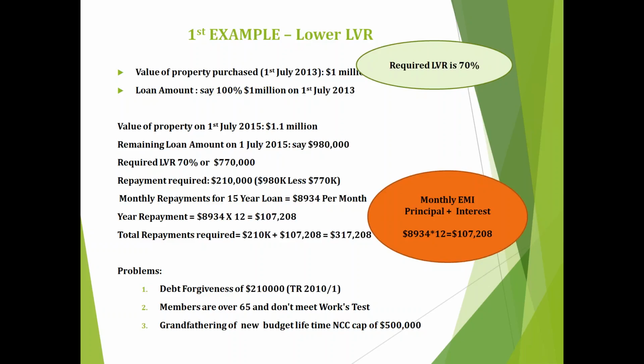If not, the members of the SMSF must make sufficient contributions so as to make the repayment possible. Alternatively, there may be a debt forgiveness of 210,000, which would be treated as a contribution as per ATO tax ruling TR 2010/1.